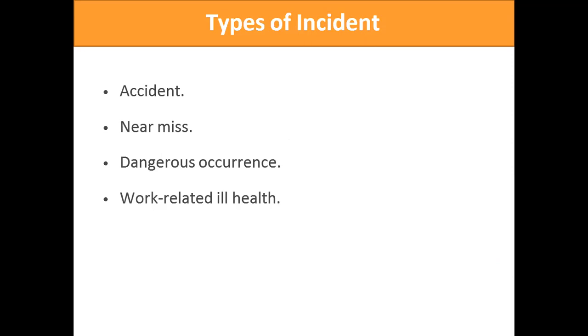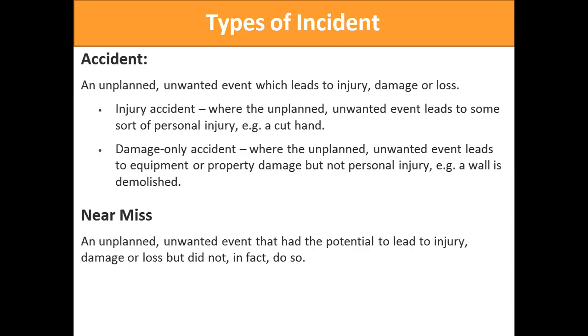There are 4 types of incidents: accidents, near miss, dangerous occurrence, and work related ill health. So these 4 types we will study one by one. What is an accident? This is an unplanned, unwanted event which leads to injury, damage, or loss. In accident, there are 2 types.